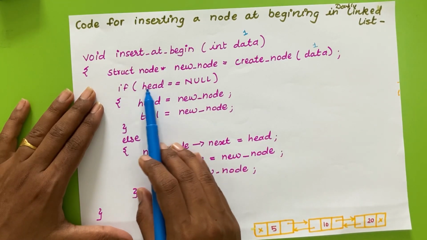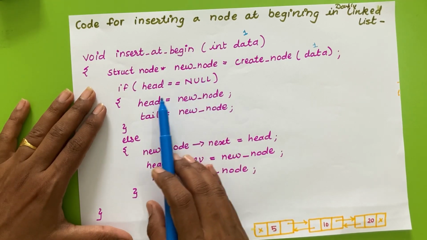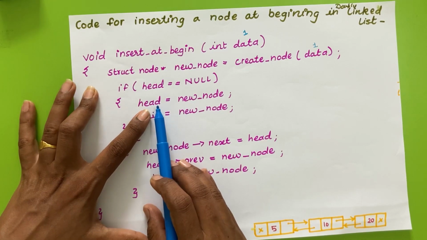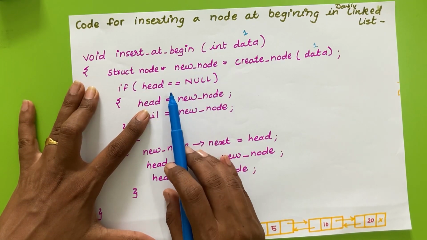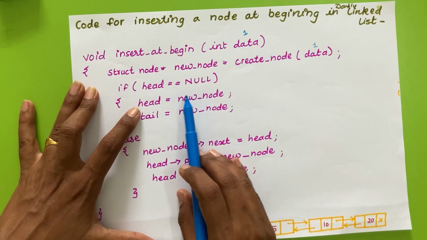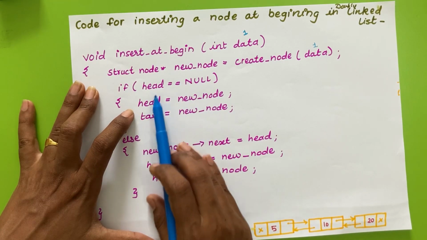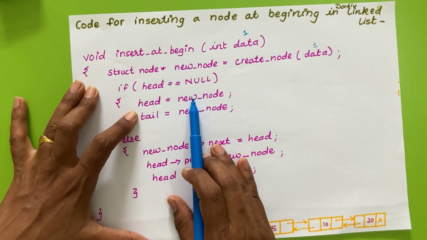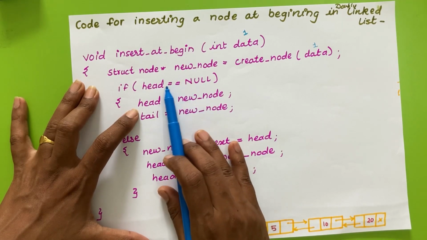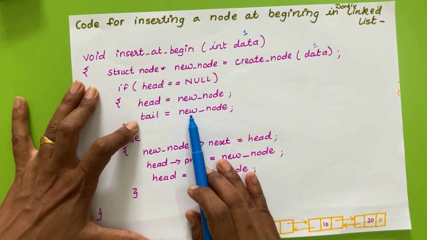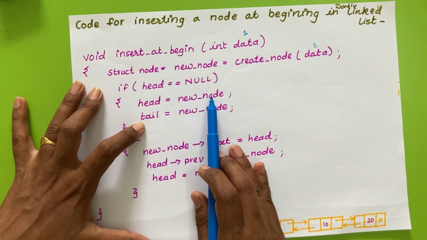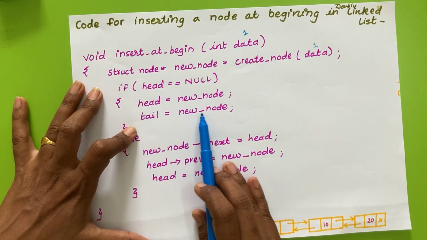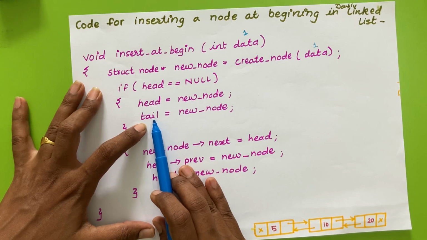So if head is equal to null, then we will make the new node the head node as well as the tail node. If we don't have any node present in the linked list, that's why I have copied the value of new node into the head as well as the tail. So new node will be assigned as head and new node will be assigned as tail also.